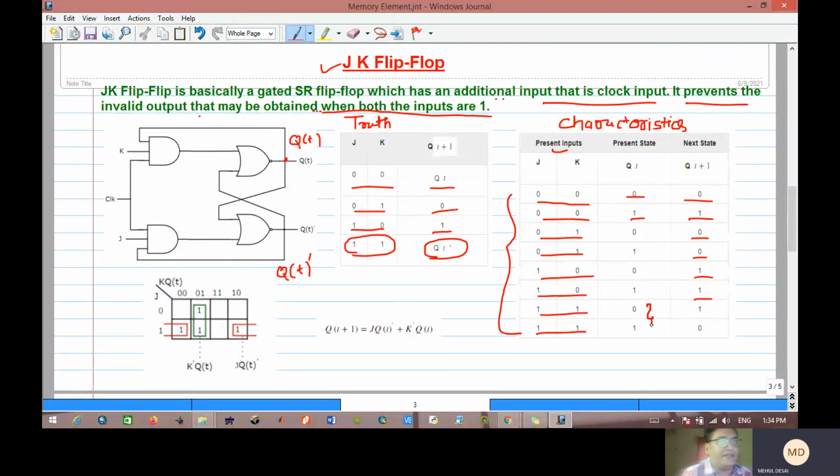That time we are getting the output as a toggle of 0 1. So here 0, we are getting 1, and here 1, then we are getting 0. So here Q(t+1).